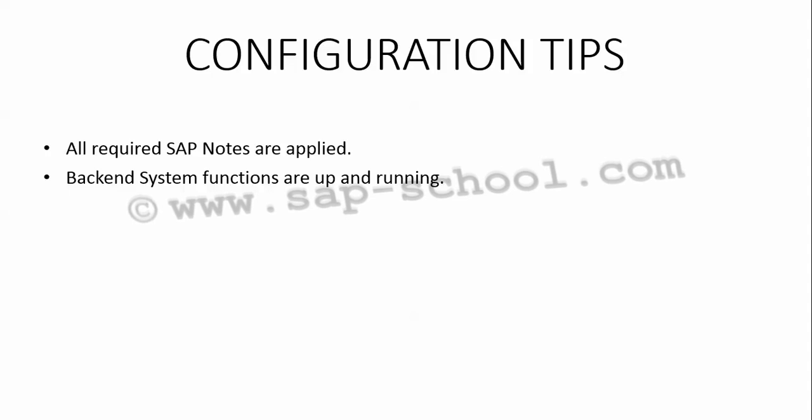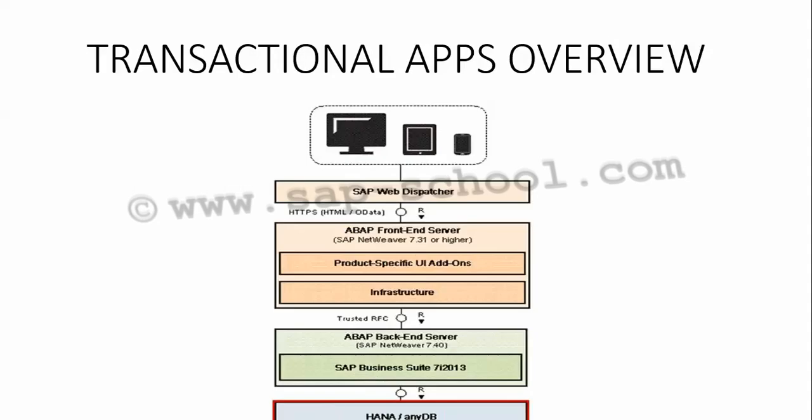Now, first of all, let's start with the transactional apps overview. We have already covered the transactional apps overview in detail in the initial sessions. So I will not be spending much time on it, but this is just to provide a high level idea of what it is. My transactional apps are those apps that let us perform transactional tasks, such as creating a leave request for an employee.